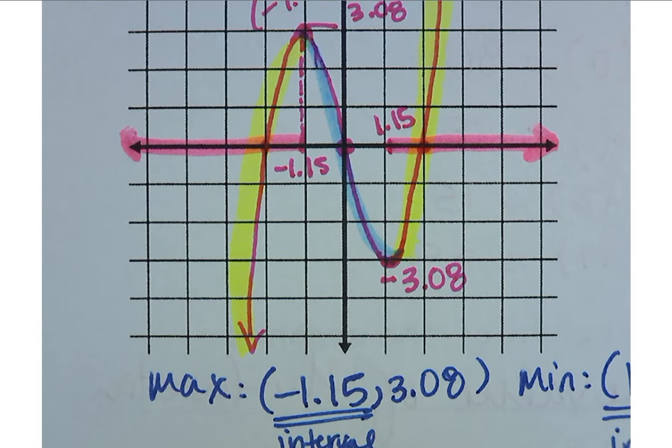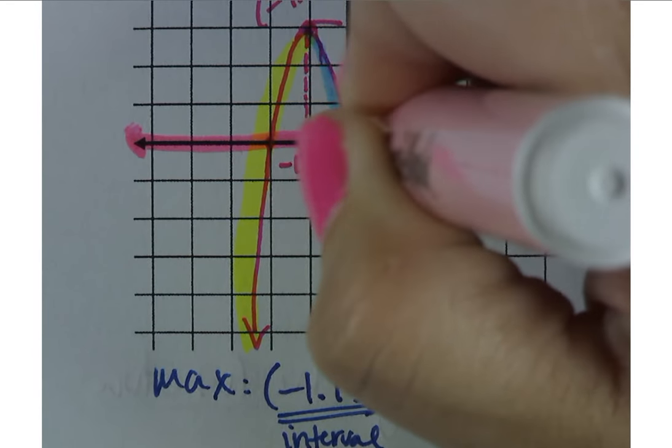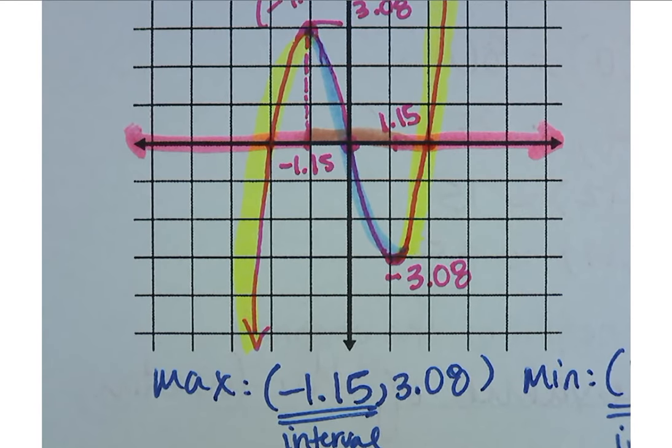So that is the interval that we wrote. For the decreasing, that's going to start at negative 1.15, and that's going to go to positive 1.15.